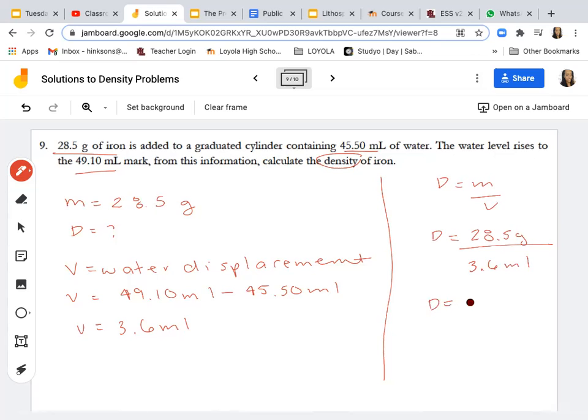So what's my density? Okay, 7.92 grams per milliliter. Do we all have that? Okay. Do we have the ballpark figure, right?